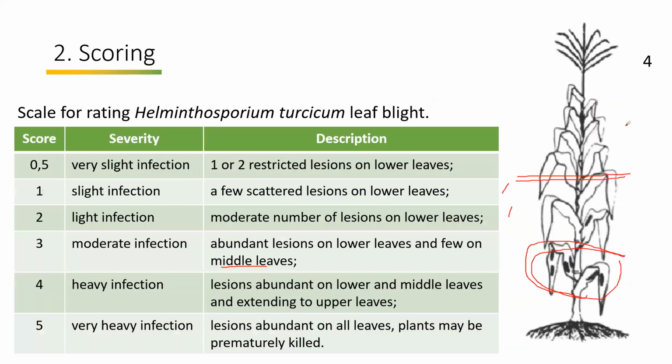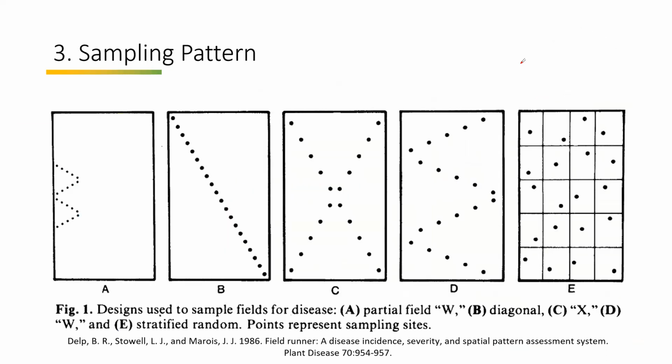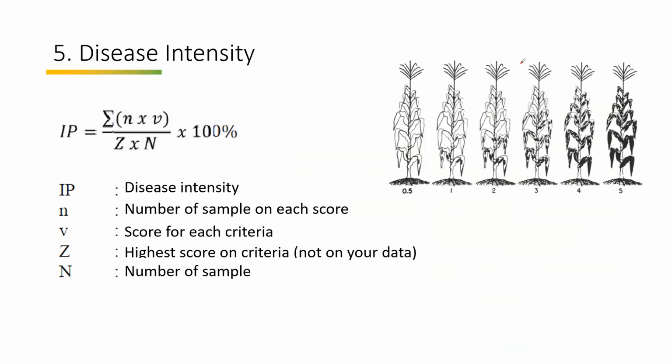in one plant. Yeah. But how can we calculate disease severity in a population? For a population we use this formula. So disease intensity is... let us do some examples. Here we have scoring, we have scoring for corn, 0.5 until 5.